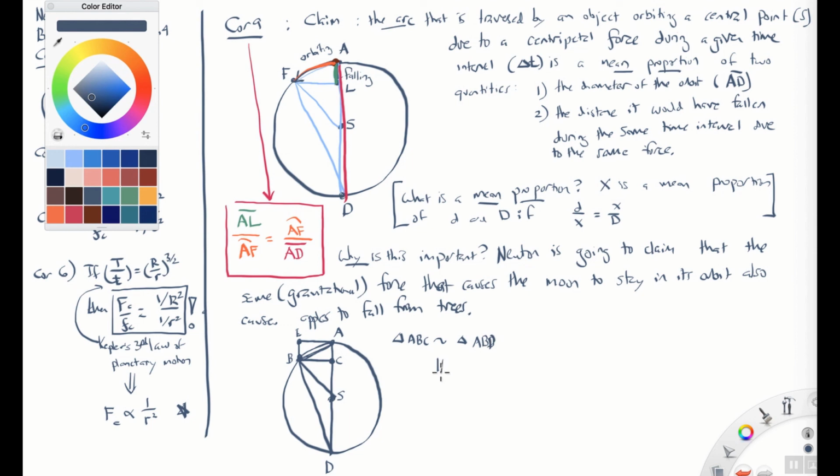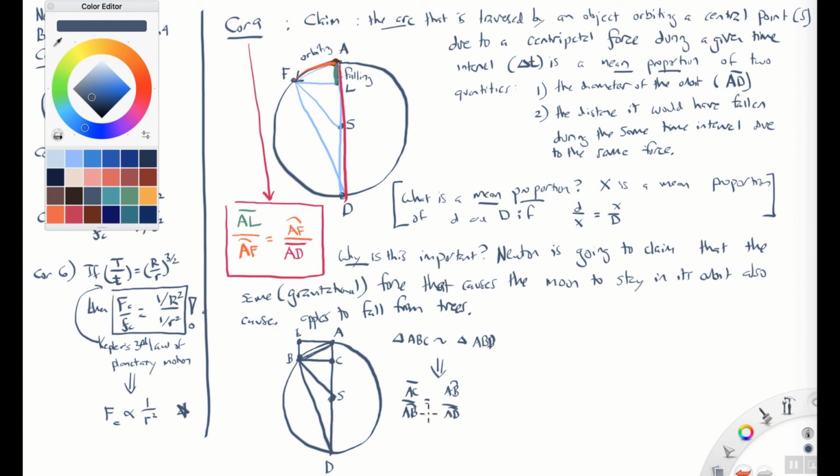And because of that, that implied that AC is to AB in the same ratio as AB is to AD. Right? Because those two triangles were similar triangles, so the short side of the little triangle is to its hypotenuse in the same ratio as the short side of the big triangle is to its hypotenuse.